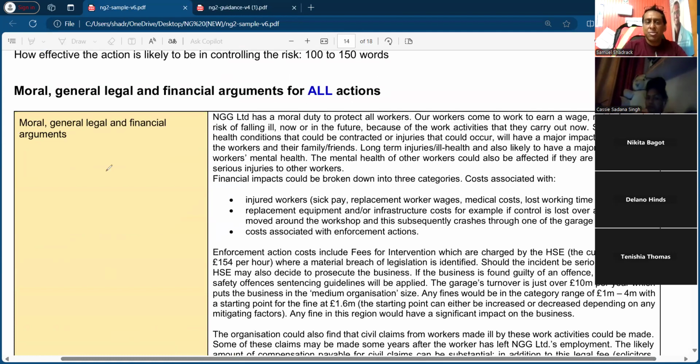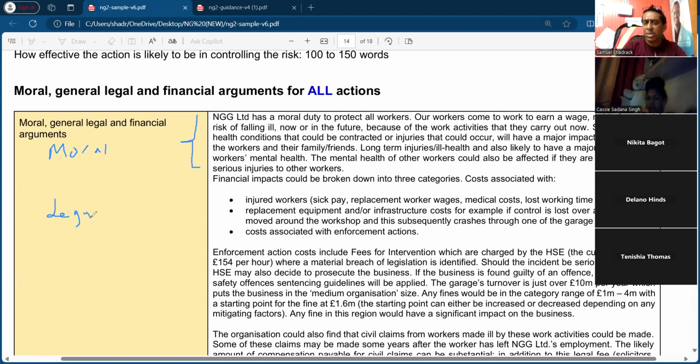So the first piece of part three, if you look here, what you're doing is writing a moral paragraph on why health and safety should be managed. That's this one here. A paragraph or two. Next thing you want to write is a legal one, however, in this sample they did financial.